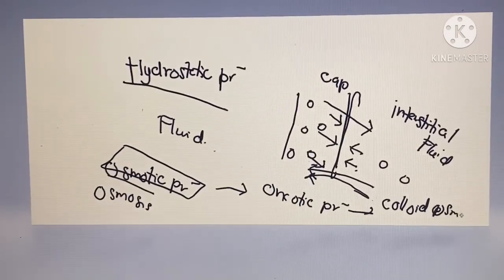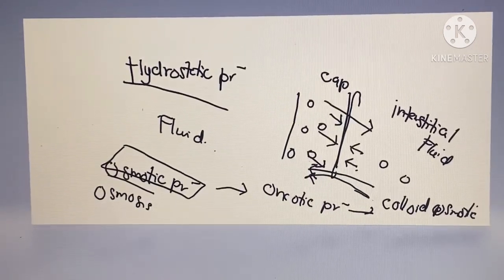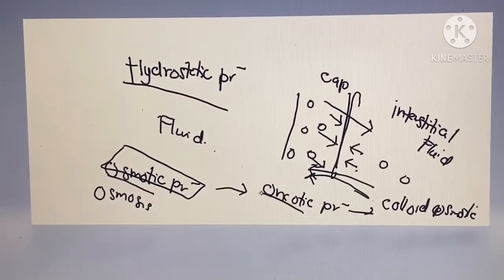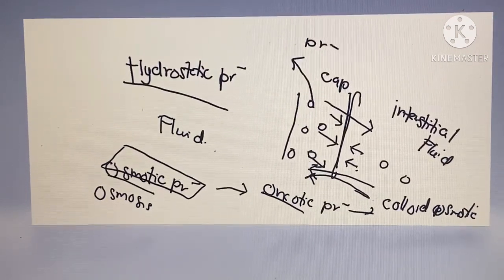This oncotic pressure is made by the presence of the protein inside the plasma. Because the protein is a large molecule, it increases the osmotic pressure a lot, which we call oncotic pressure.